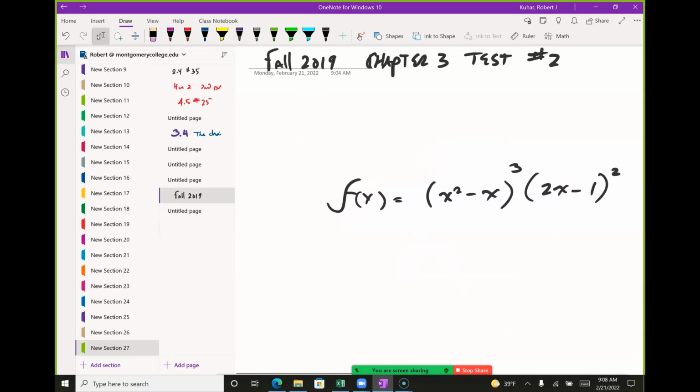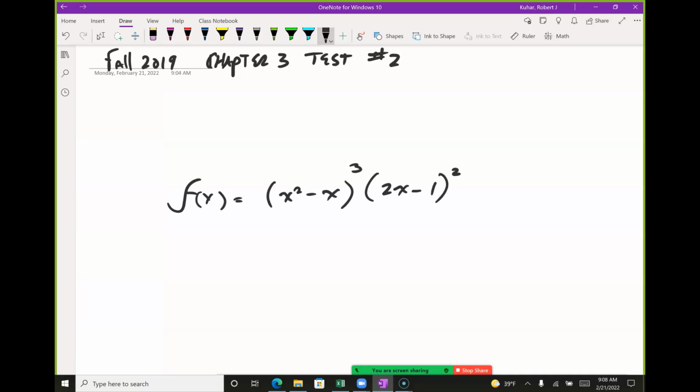So I see a product rule, right? I see a product of two things. My first function is something cubed. So what's my derivative going to be? 3 times that something squared.